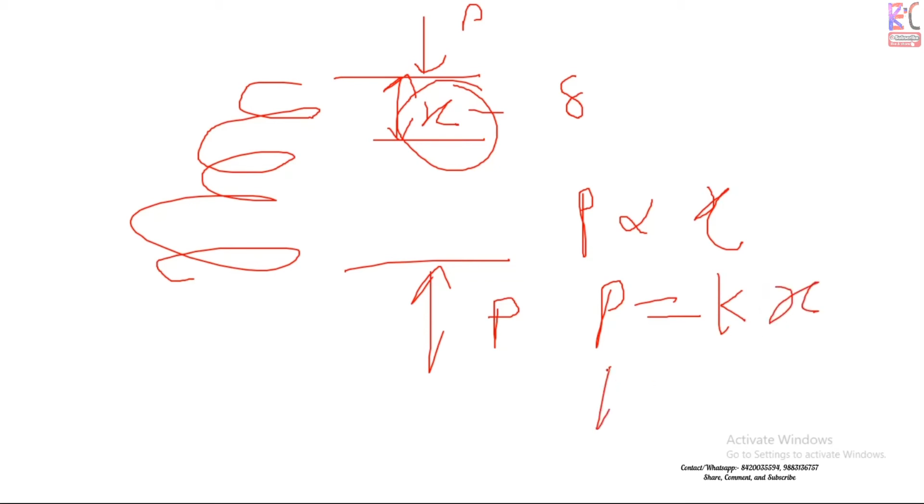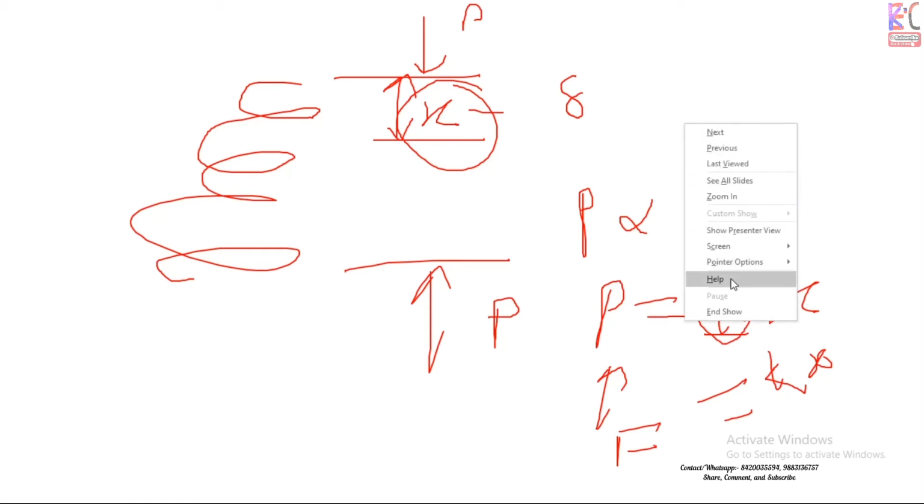Sometimes it is replaced by F, so F is equal to kx. Okay, kx. What is k? K is the spring index. Try to remember, k is the spring index.